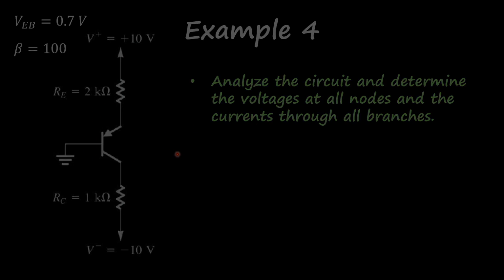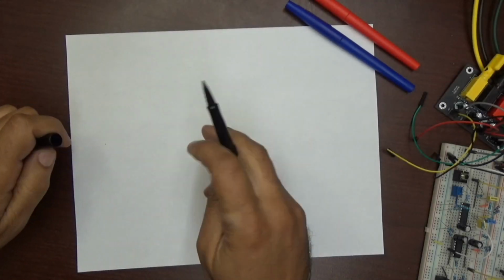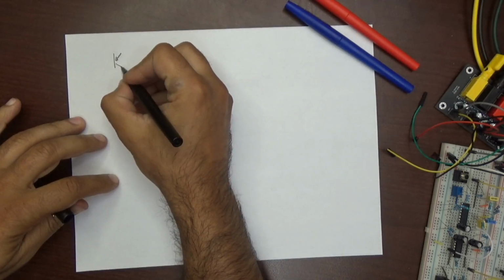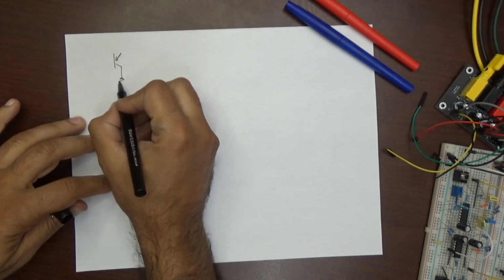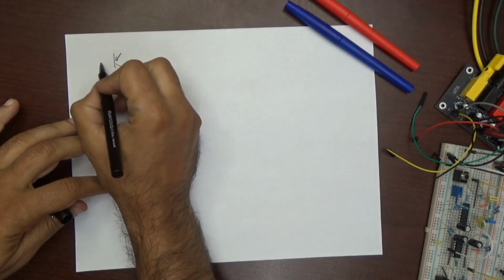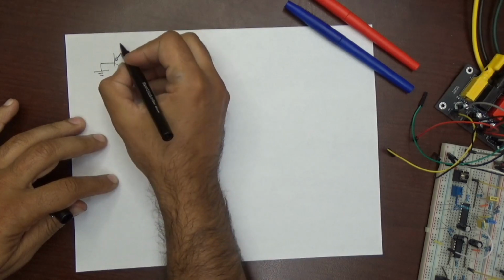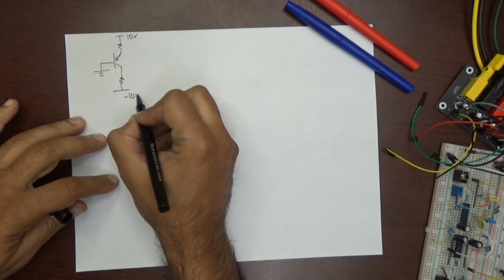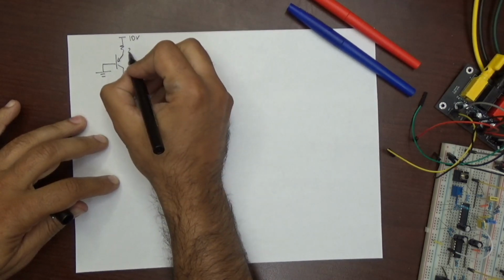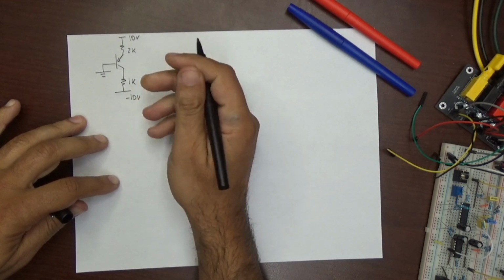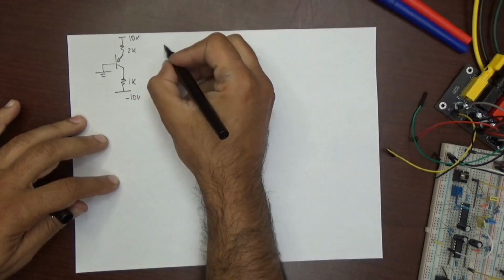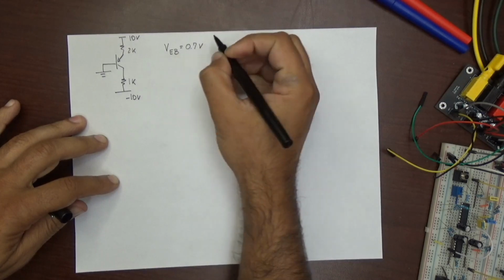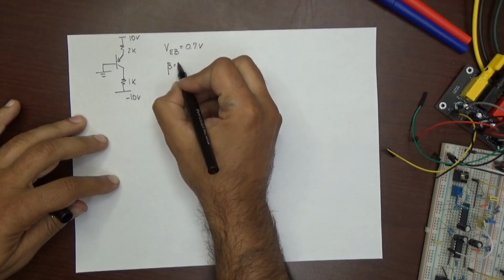this PNP transistor. I'll start by redrawing the PNP transistor and writing all the relevant information into this drawing. We know that the VEB is equal to 0.7 volts and the beta equals 100.